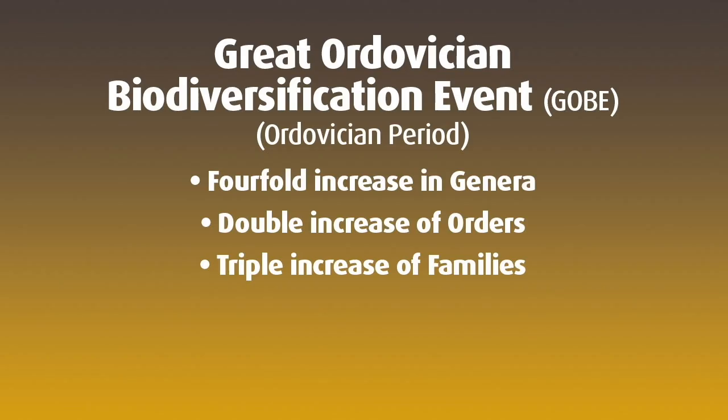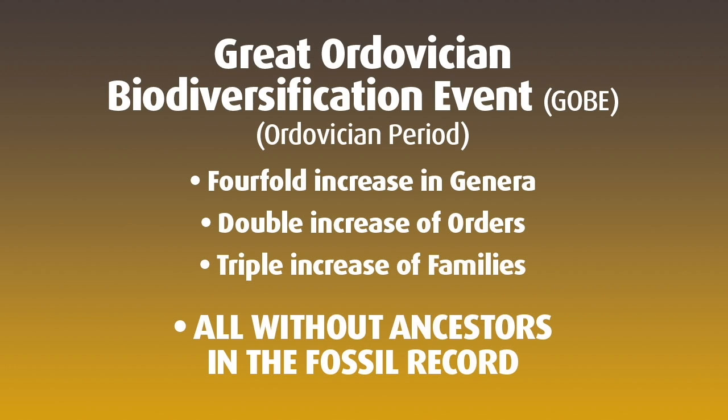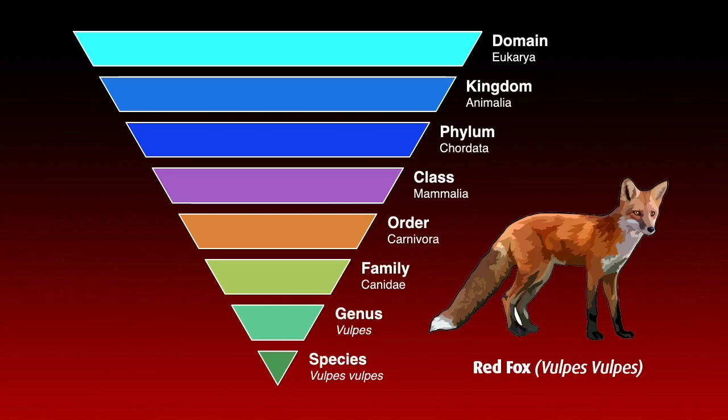And it had a fourfold increase in genera, a double increase in orders, and a triple increase of families. So all of them without ancestors in the fossil record. So again, you can see the last three things down at the bottom, genus, family, and order, are all multiplied in the Ordovician layer, which is the one above the Cambrian. Again, all without previous ancestors in the fossil record.